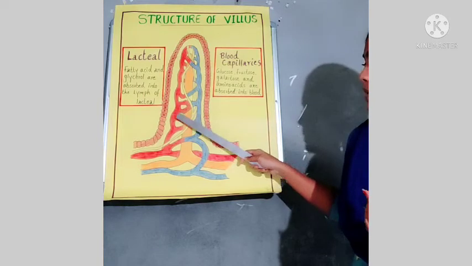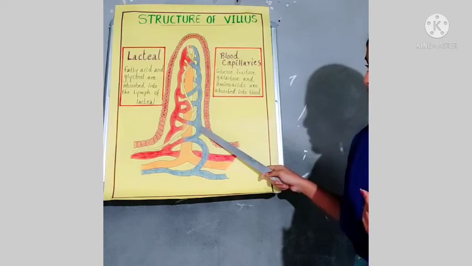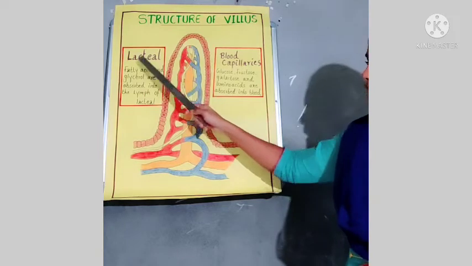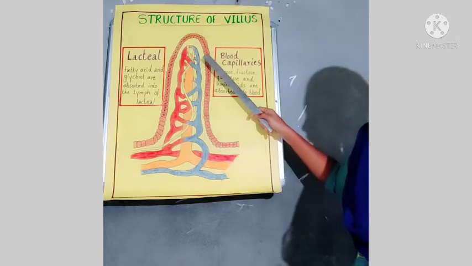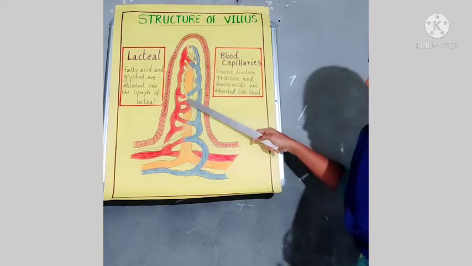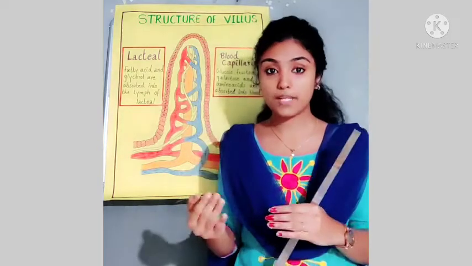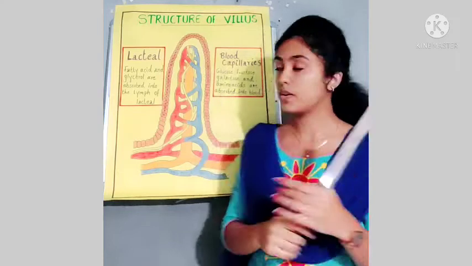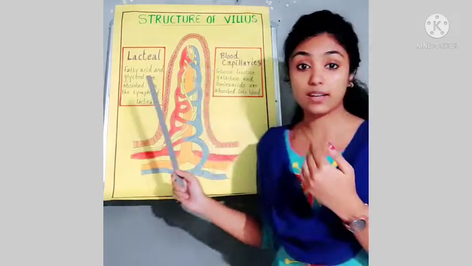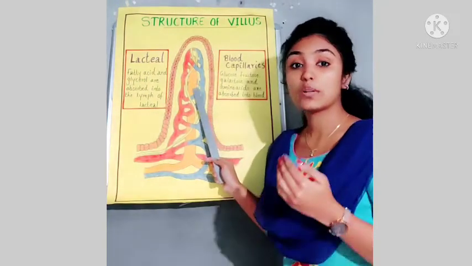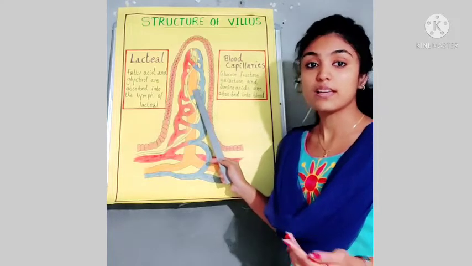And then it also consists of lacteal. So where is the lacteal? Yes, this is the lacteal. So lacteal means lymph capillary which carries the lymph. Blood capillary carries blood. Lymph capillary or lacteal carries lymph.